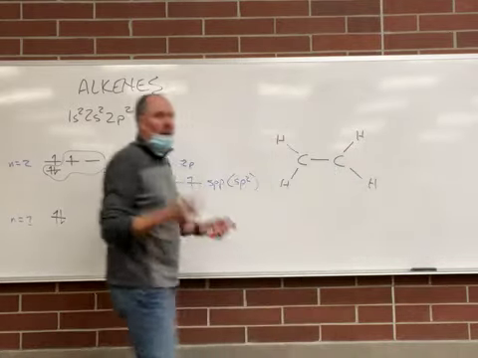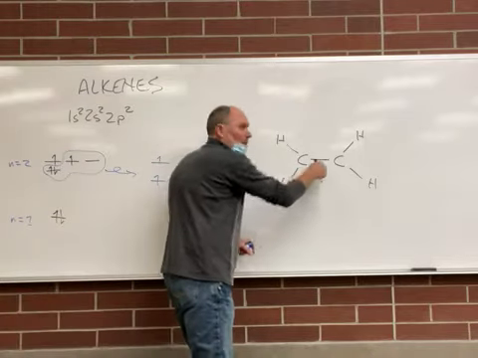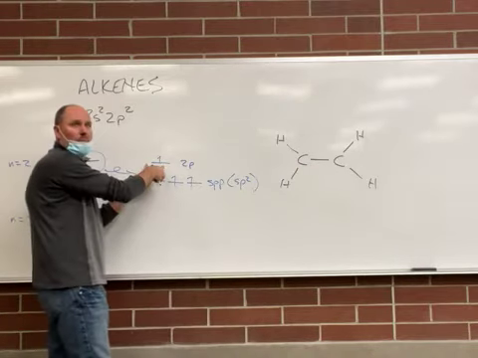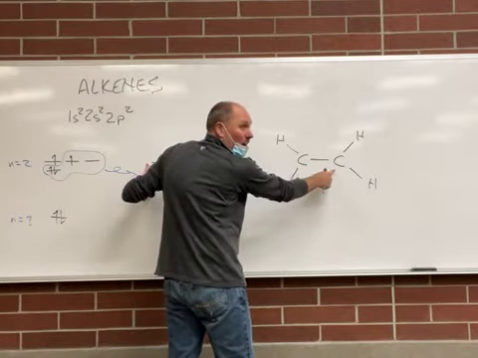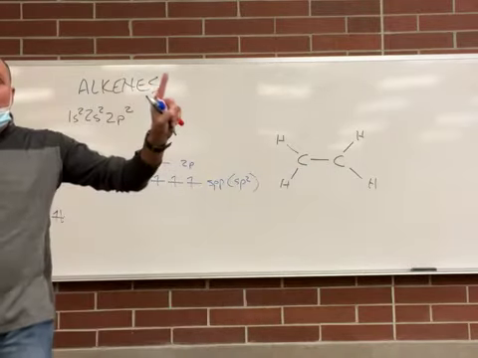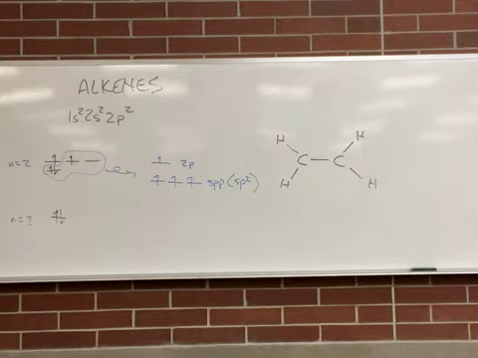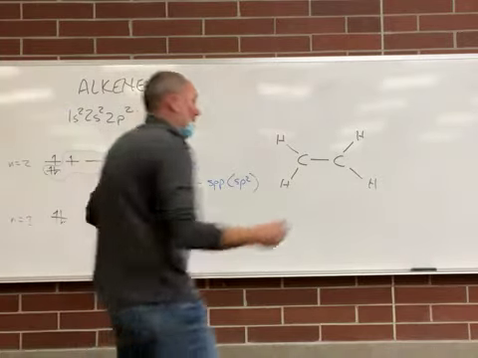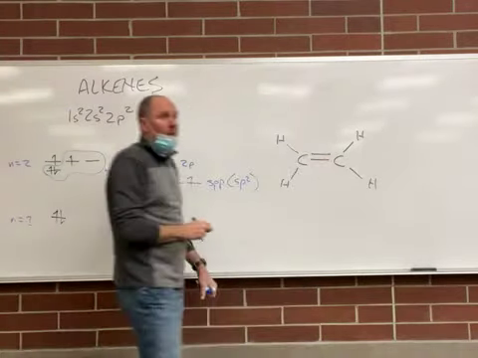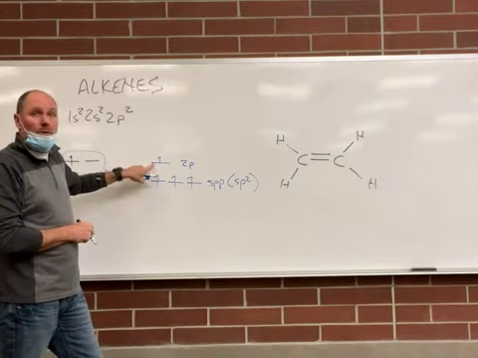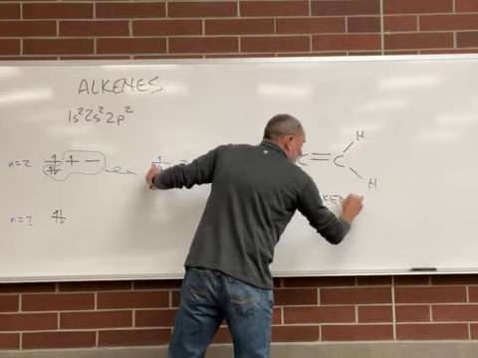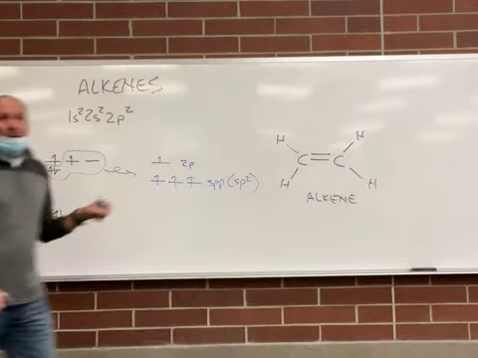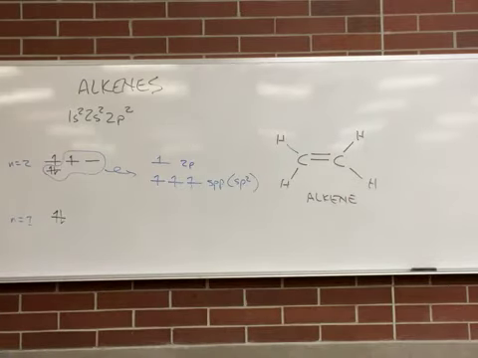But carbon says, I'm happy that I have 1, 2, 3, but I still have this unhybridized p orbital up here. And this carbon says, I do too. Why don't we let our 2p electrons rejoice together? And they form a double bond. It comes from that right there, so it's called an alkene. Alkane, alkene.